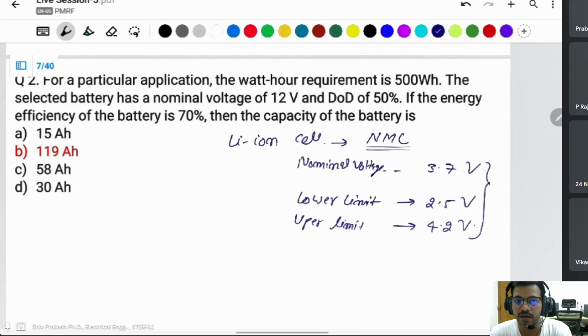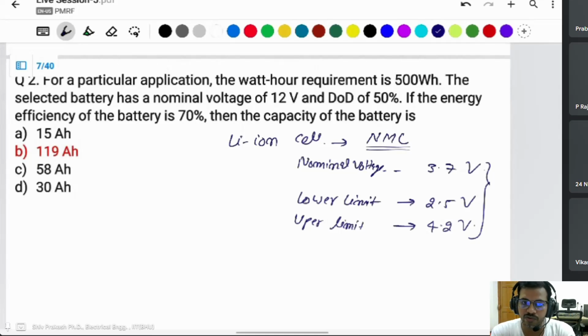This is the rating of a lithium ion cell, which makes a battery using series and parallel connections. That battery is used in electric vehicles at this time. The cell voltage is 3.7 volt only.